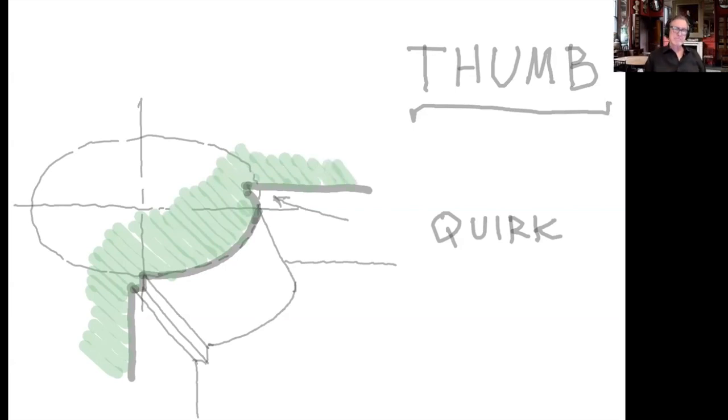And there's our thumb. Okay. I'm going to keep moving. So I am going to now go back to the PowerPoint and let's learn about the thumb a bit.